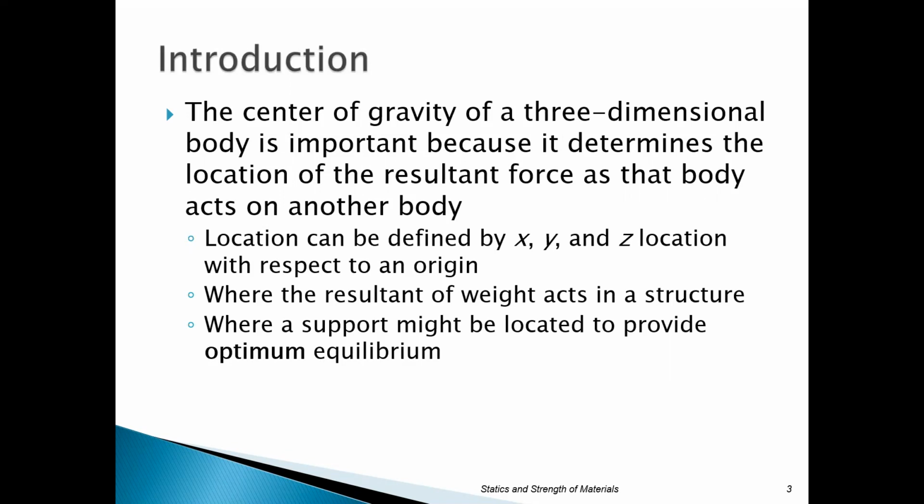So we can define the location of that by an x, y, and z location with respect to any random origin. That origin can be out on a corner of the part, it could be off of the part, it could actually be right at the center of gravity point itself. And if it is there, then you have 0 centroid location x, y, or z.